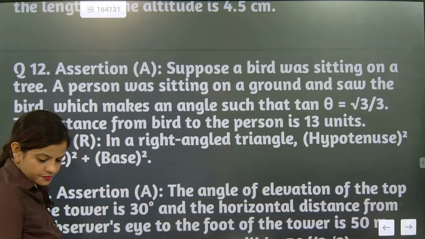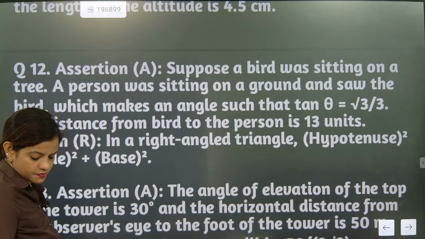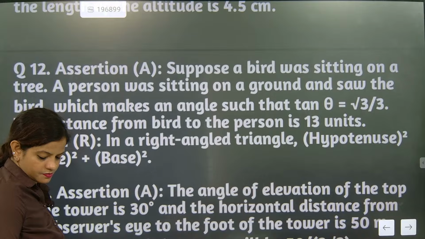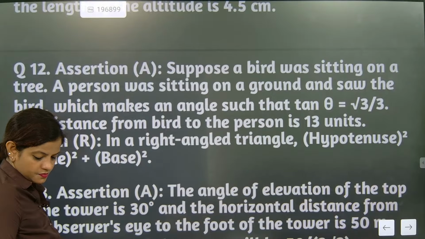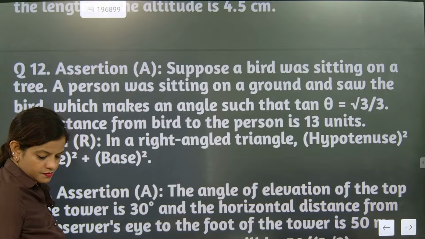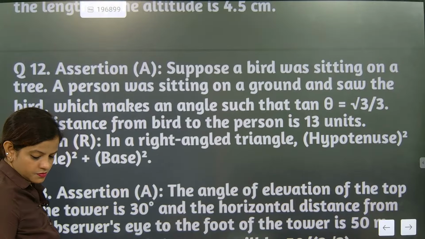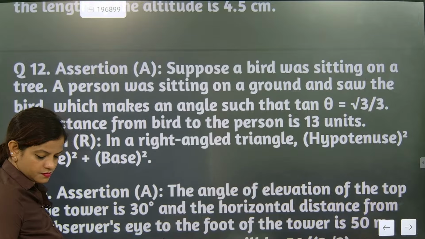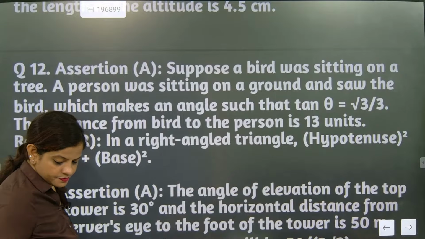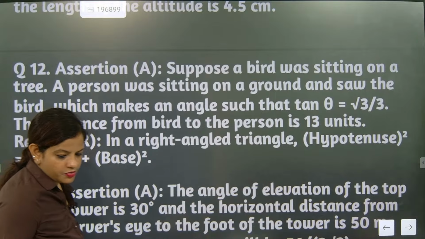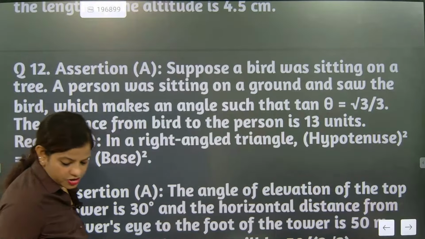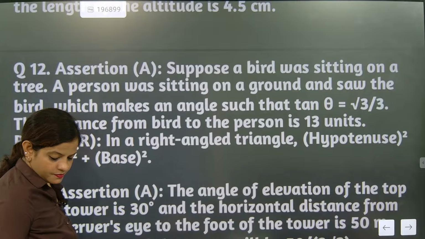Check one time, beta. Option? Okay. Option is B. Again you have to do it because it is not correct. It is not correct.